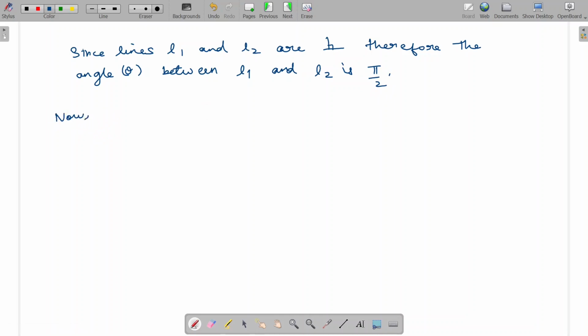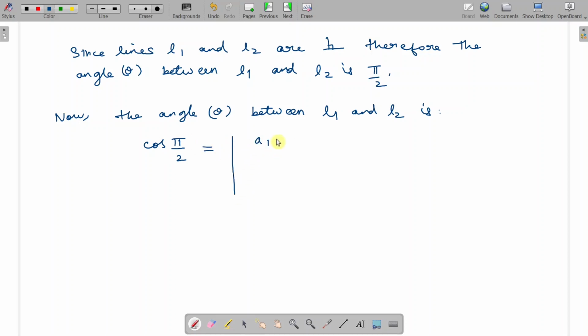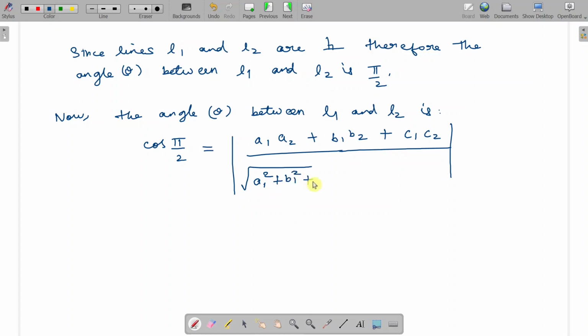So now the angle theta between L1 and L2 is, cos pi by 2, because the angle between the two lines is pi by 2, equal to modulus of (A1 A2 plus B1 B2 plus C1 C2) the whole divided by root of (A1 square plus B1 square plus C1 square) into root of (A2 square plus B2 square plus C2 square).